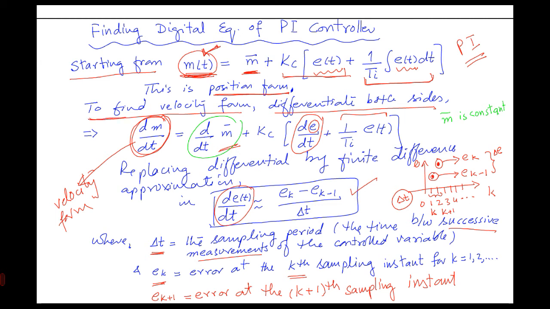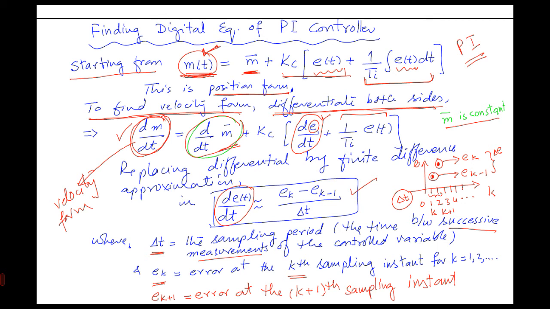To find out the velocity form, it's better to differentiate both sides. So we differentiate and we get dm upon dt, and this is a constant term, so the differential will be 0 for this. Then Kc times the differential of the error, and the differential will cancel out the integral.